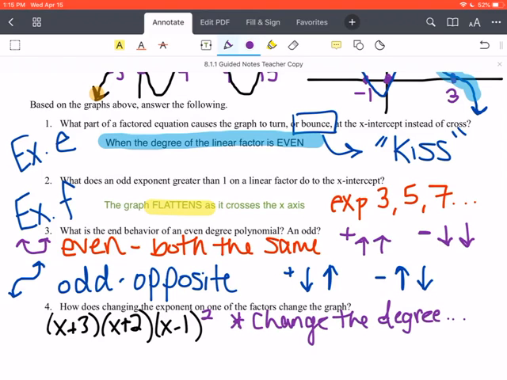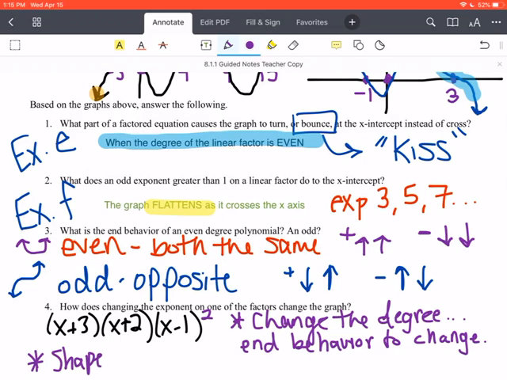And when the degree changes, what is that going to cause to change? That is going to cause the end behavior, or could cause the end behavior to change, and that's a very big deal. Okay, also, what could happen? The shape of the graph could change.